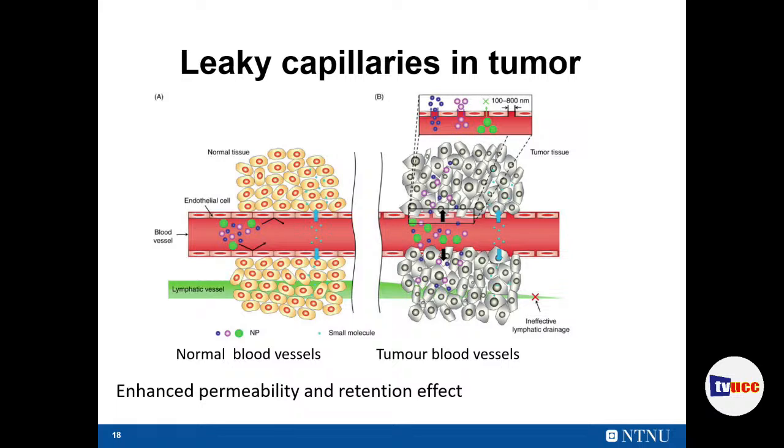In normal tissue, we have lymphatic vessels, while in the tumor, we don't. So the nanoparticles coming into the tumor will stay there. There is no reabsorption. This is called the enhanced permeability and retention effect: enhanced permeability of the vessel wall, and retention because of the lack of lymphatic vessels.